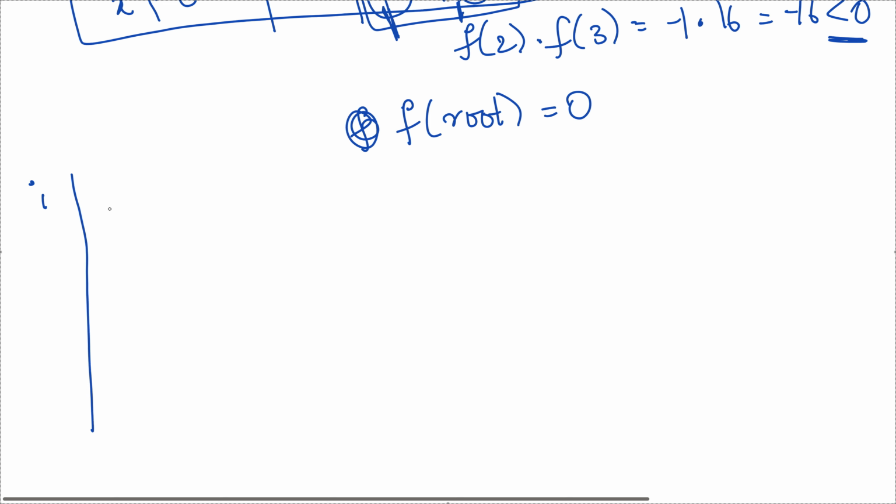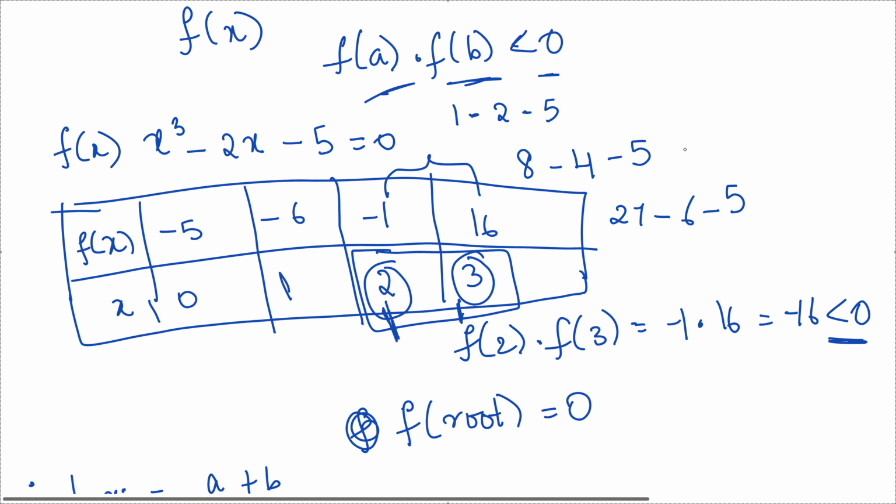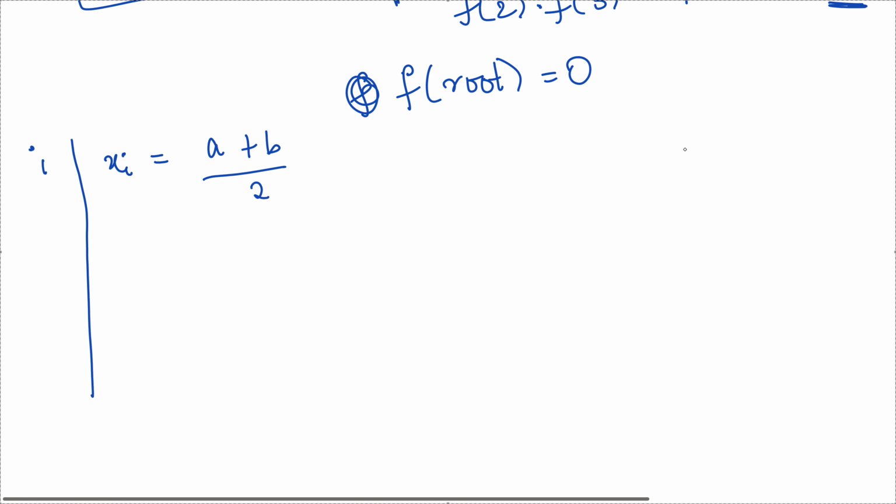Here let's put the value as xi. xi is a plus b by 2. Remember, we shrink the function, right? We try to divide the room to find out the mobile phone. Similarly, we will be dividing the entire interval and trying to find out where the root will be.